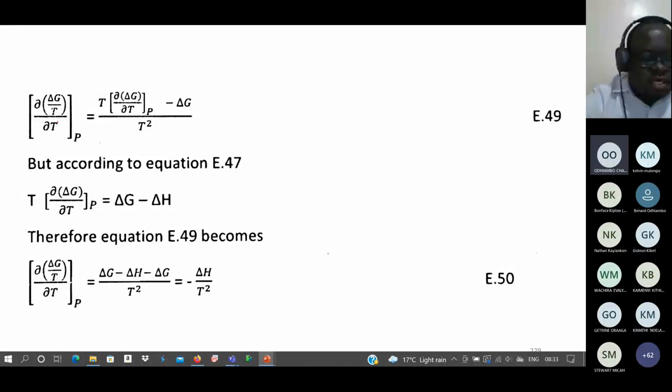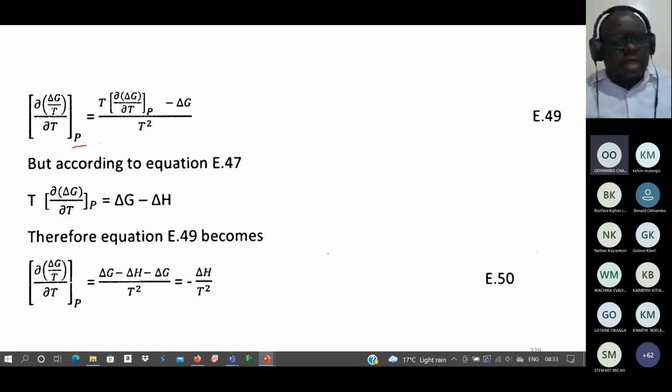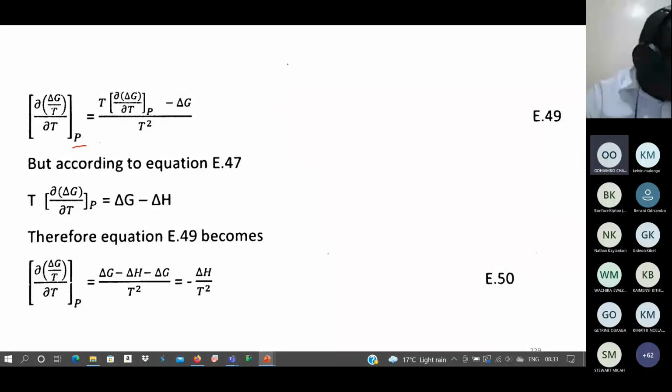So differentiating delta G over T with respect to temperature at constant P, this is what we get. I think we have seen a similar differentiation, essentially for you to see how one arrives at this expression here on the right-hand side.